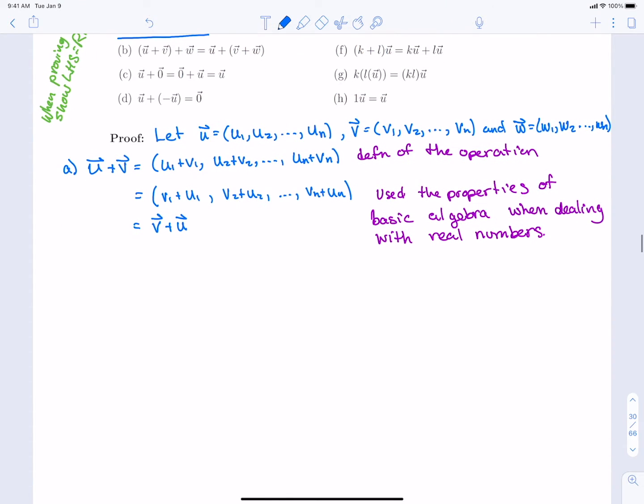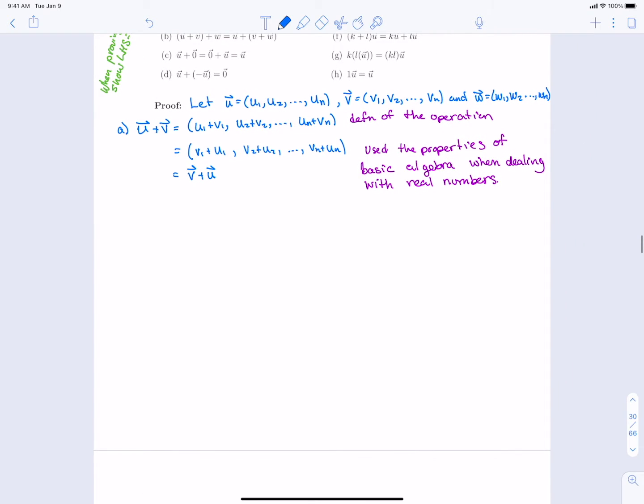So let's do another example here. This time, what would it look like if I tried to prove B, which is u plus v plus w, and I want to show that I can actually write that as u plus v plus w in brackets. Well, in the question above, we actually already identified what u plus v is.